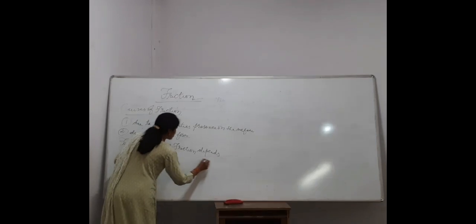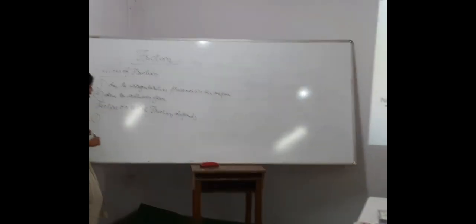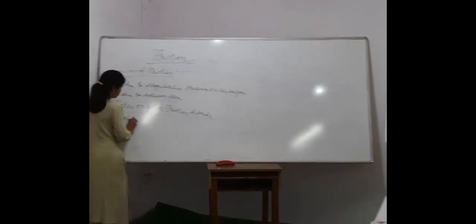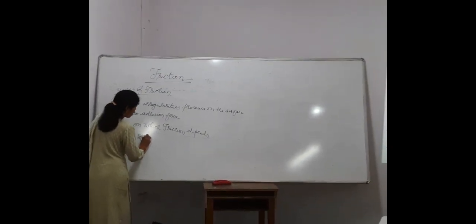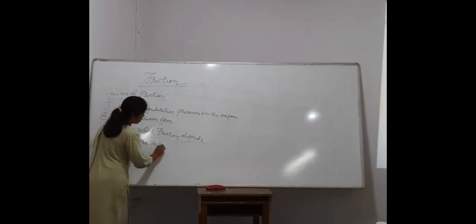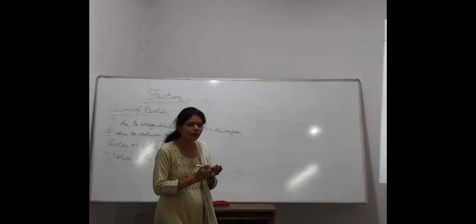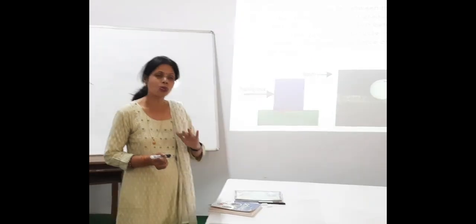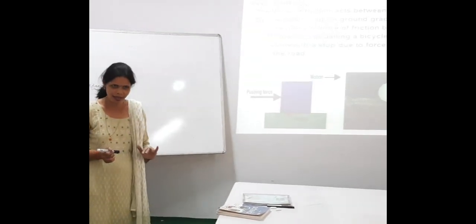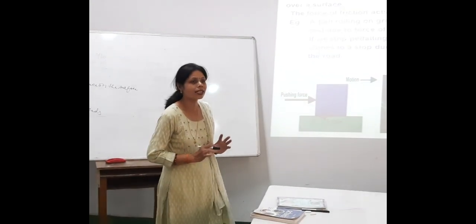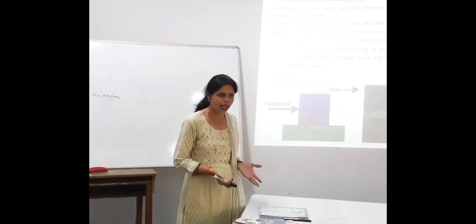Friction depends, number one, on the nature of the surface. Like you can see, if the surface is smooth, friction will be lesser. Small friction is there. And if the surface is rough, more friction is there.